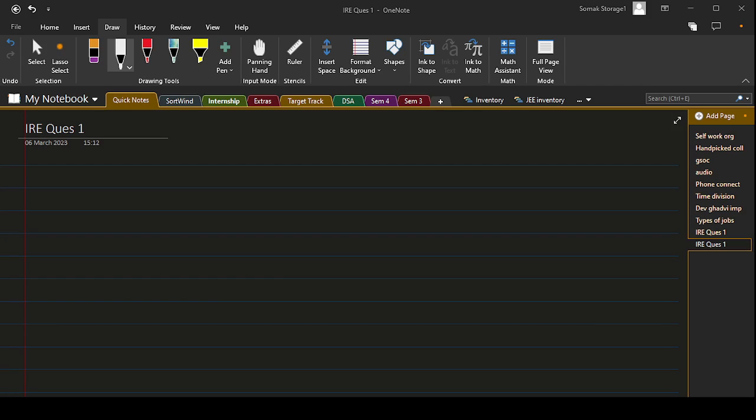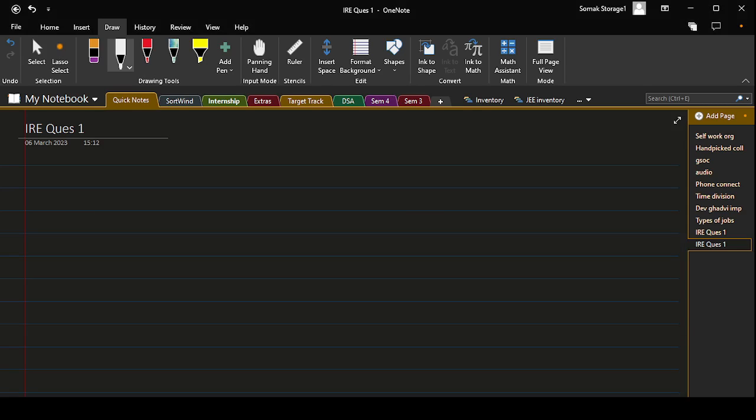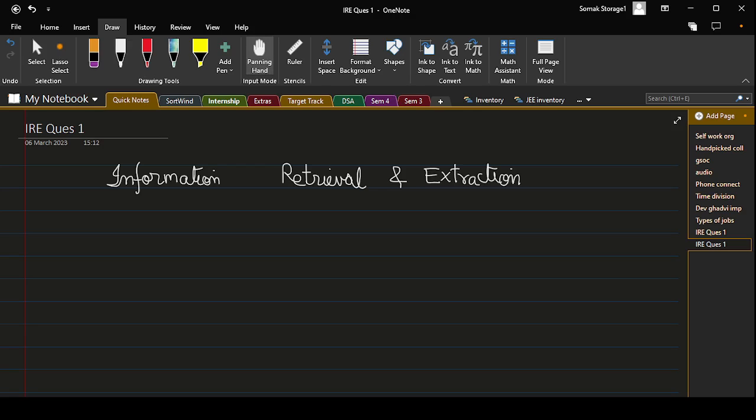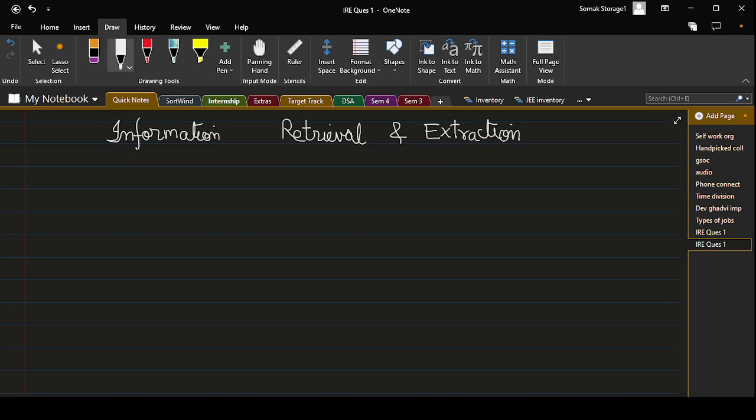So today I am going to discuss a problem on information retrieval and extraction, right? This problem is basically for the TF IDF model.